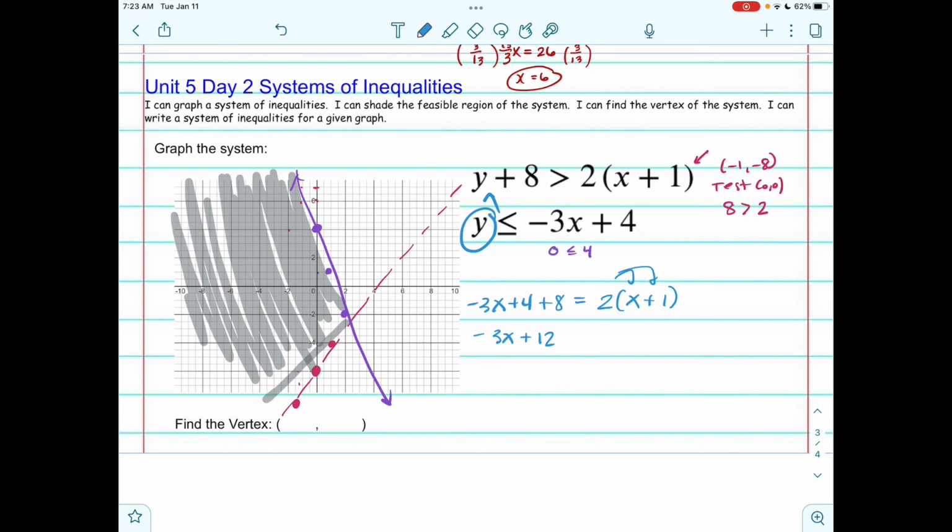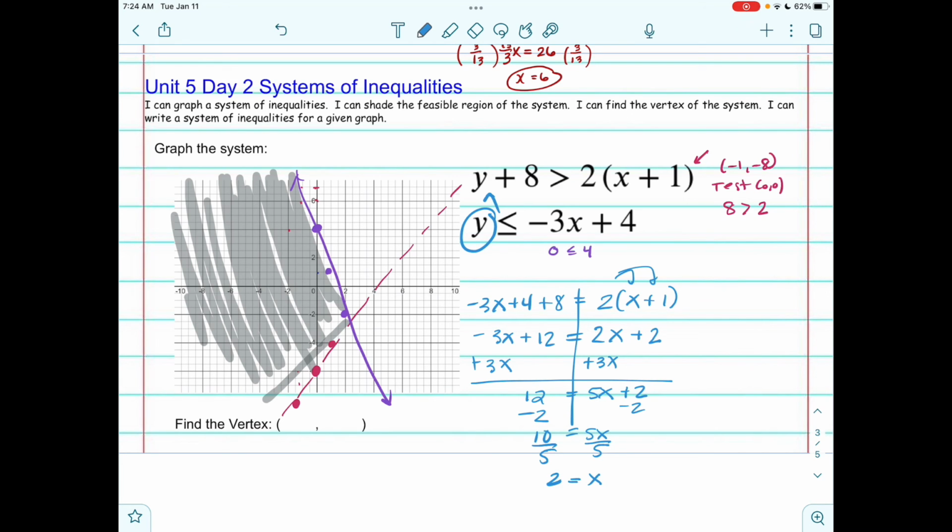I can combine like terms on this side, and then I'm going to distribute. I'm going to get all the numbers on one side and all the letters on the other. So I have 10 equals 5x, divided by 5. And I have x equals 2.